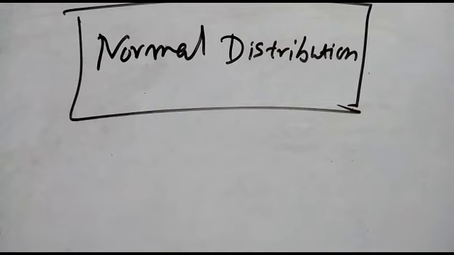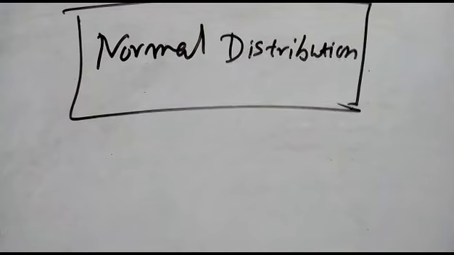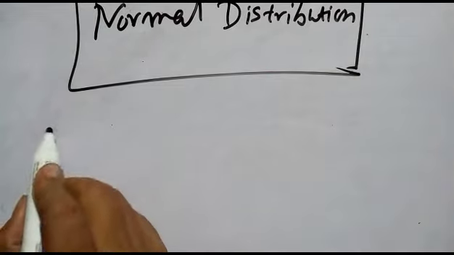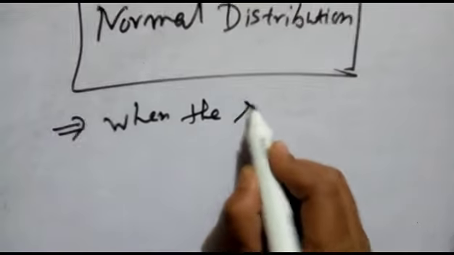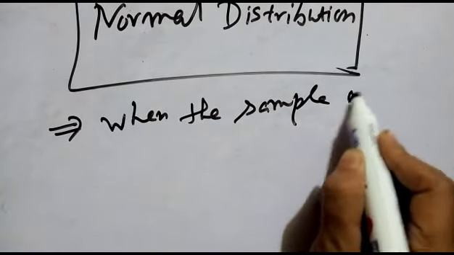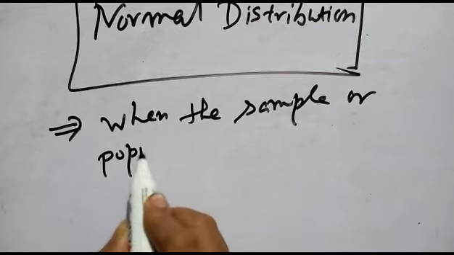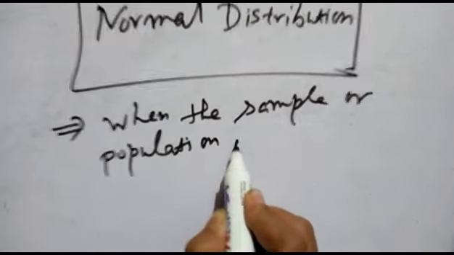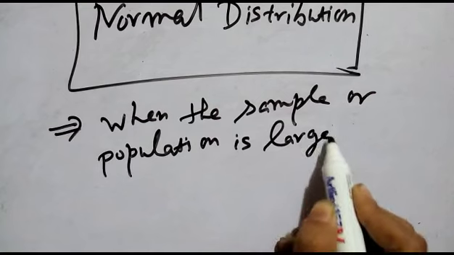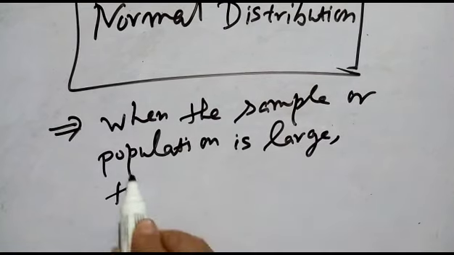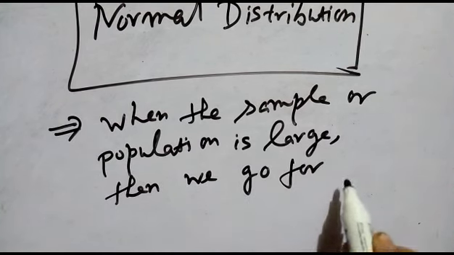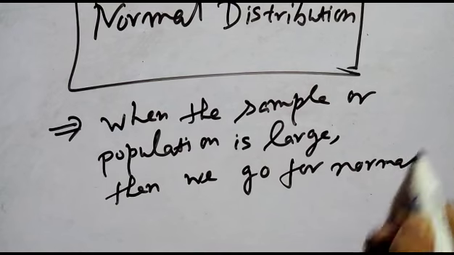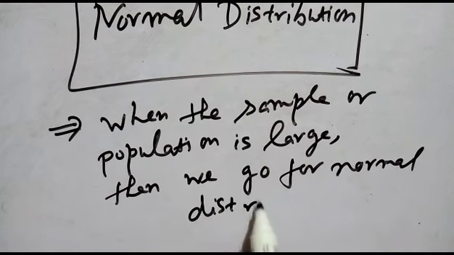So, when the sample or population is large, then we go for normal distribution.